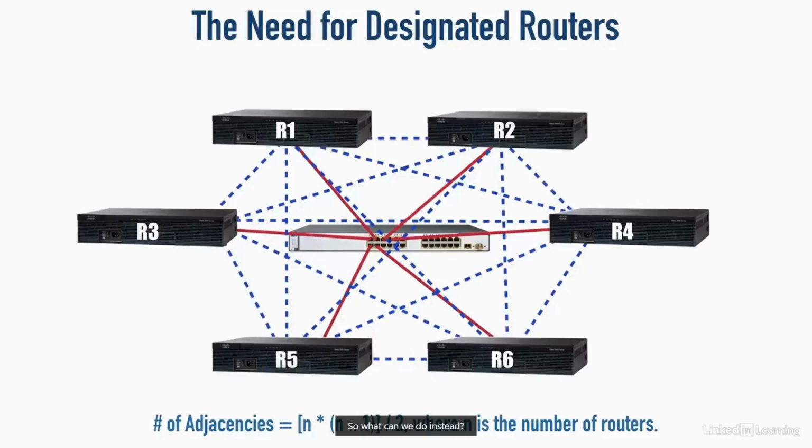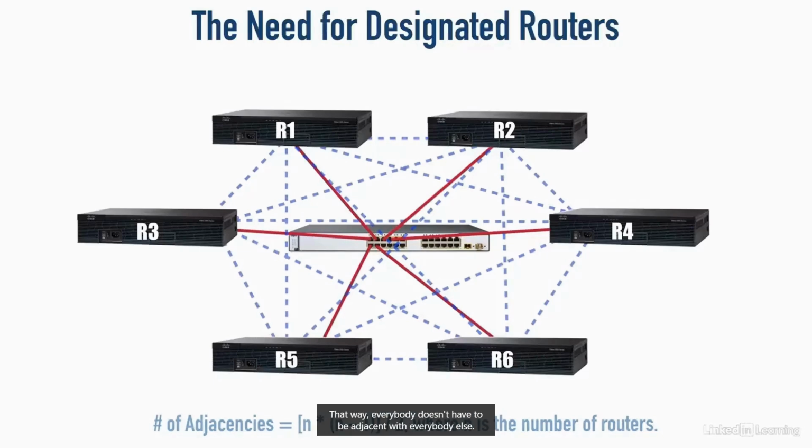So what can we do instead? Well, what we can do is say that maybe 1 or 2 routers, they're high powered, they can handle some extra load. Let's have everybody form an adjacency with them, and then they can be responsible for propagating all this information out to everybody else. That way, everybody doesn't have to be adjacent with everybody else.